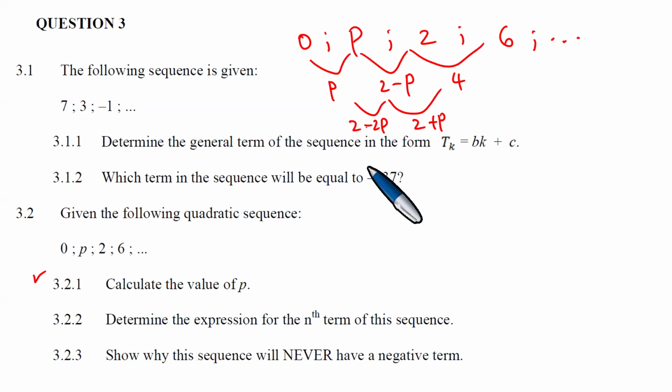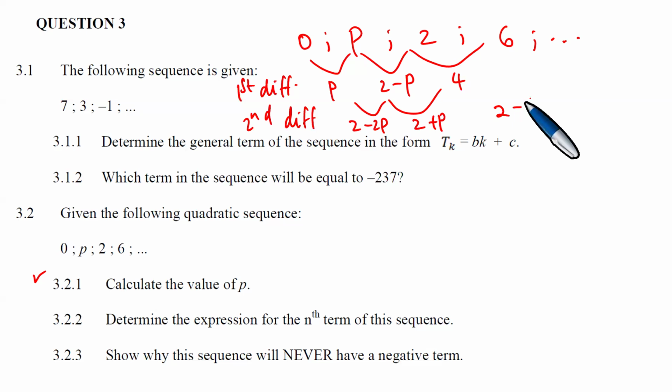If it's quadratic, it means that this must be constant. The second differences must be constant because these are the first differences, and these ones here become the second differences. So now if these are constant, it means 2 minus 2p is 2 plus p, which means that at this point, you have 2 minus 2 equals p plus 2p.